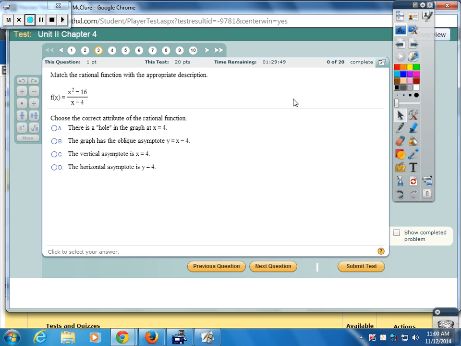All right, match the rational function with the appropriate description. Which one is it? There's a hole. Yep. Why is there a hole? Because it's squared and 16 is a perfect square. It can be factored, yes. Next question.